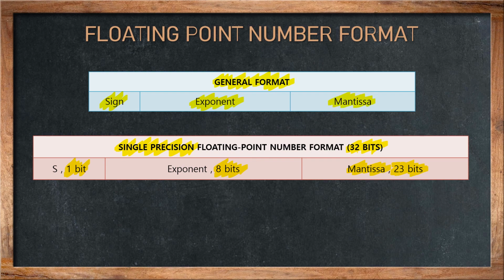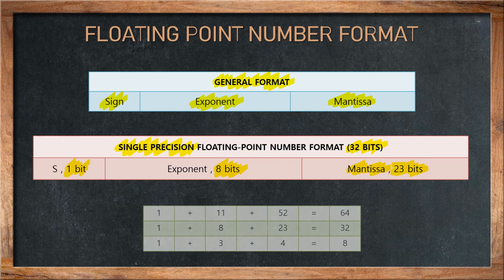Because we are going to learn only about 32 bits, that is the single precision floating point number, here we have divided the 32 bits into 1, 8 and 23. So 1 is for the sign, 8 is for the exponent, and 23 is for the mantissa.